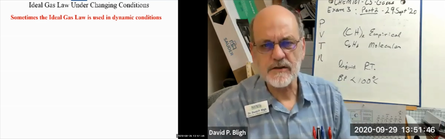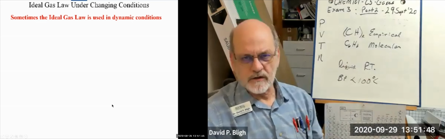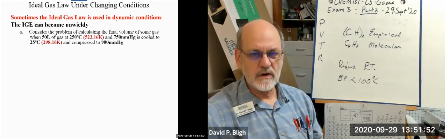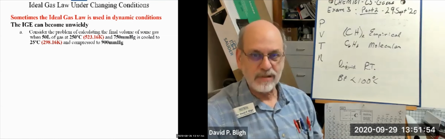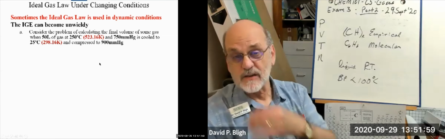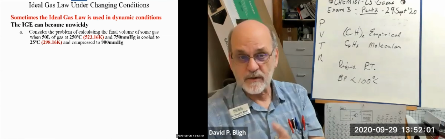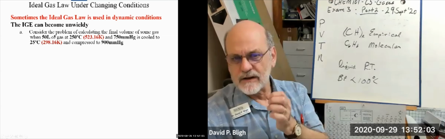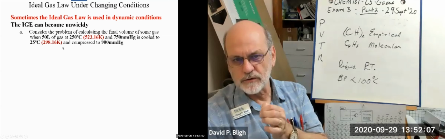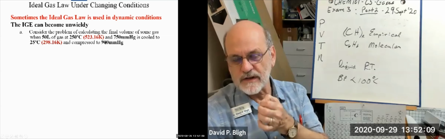All right, so this is just some words of advice. If the conditions are really complex, for instance, in this case, we're calculating the final volume of some gas when 50 liters of gas at this temperature and this pressure is cooled to 25 degrees and compressed to 900.